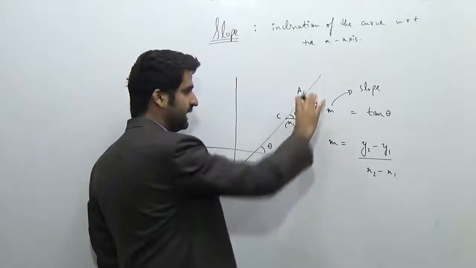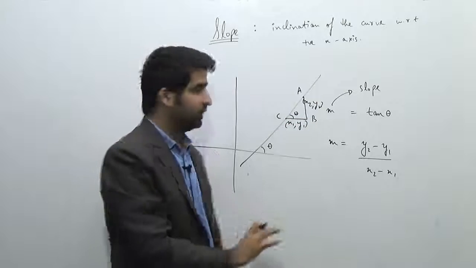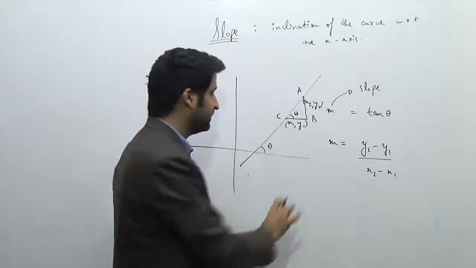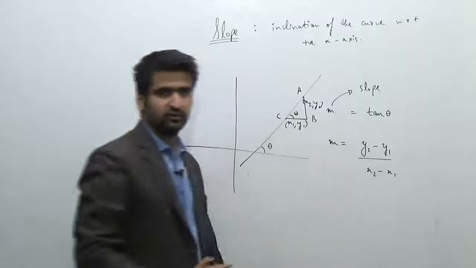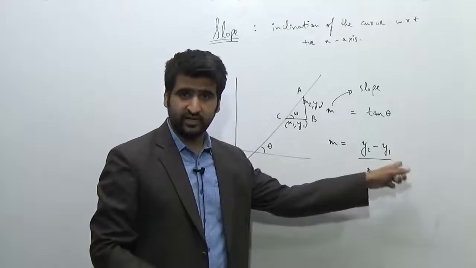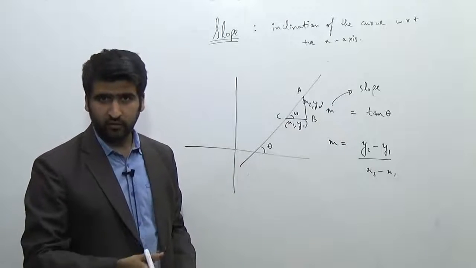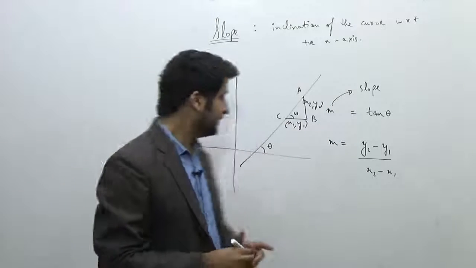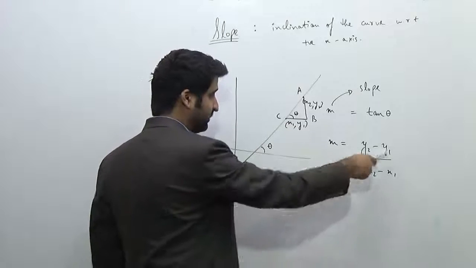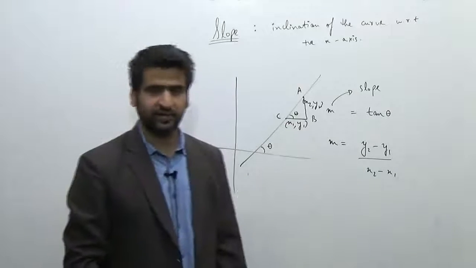Tan theta will be equal to AB upon BC. Now AB upon BC is nothing but y2 minus y1 upon x2 minus x1. So if I am given 2 points x1 y1 and x2 y2 and want to calculate the slope of the line formed by these 2 points, that will be given by m is equal to y2 minus y1 upon x2 minus x1.